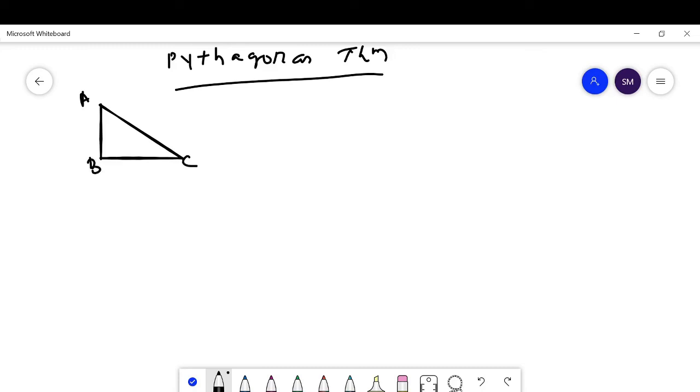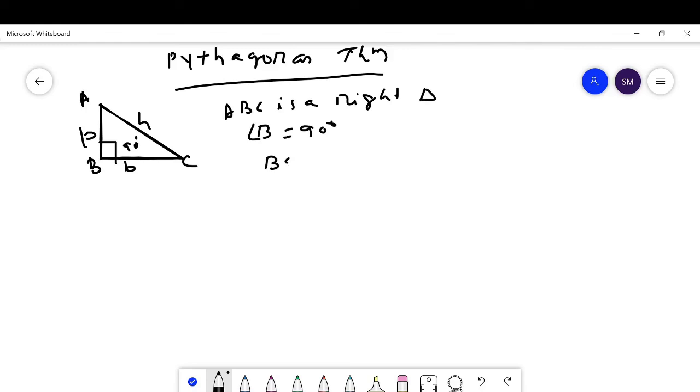Suppose ABC is a right angle triangle and B is the right angle. Then BC is called the base, AB is the perpendicular P, and AC is the hypotenuse. Here ABC is a right triangle in which angle B is equal to 90 degrees.